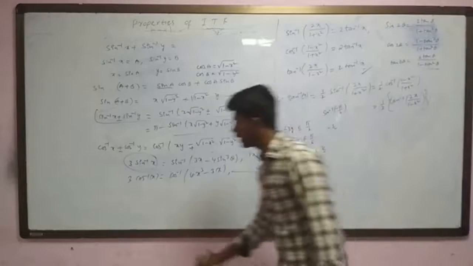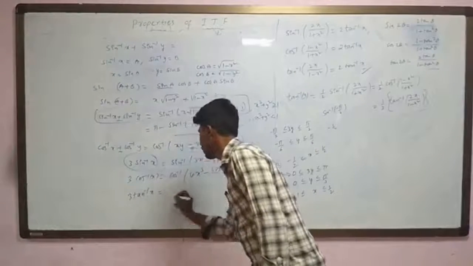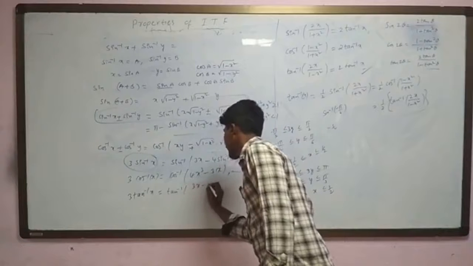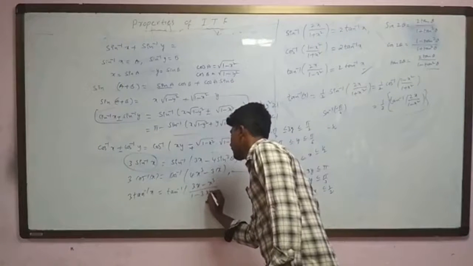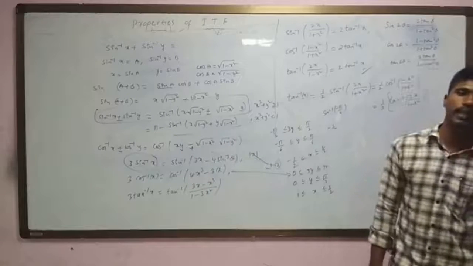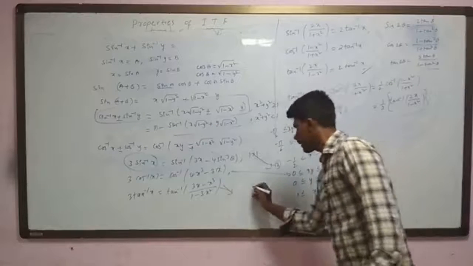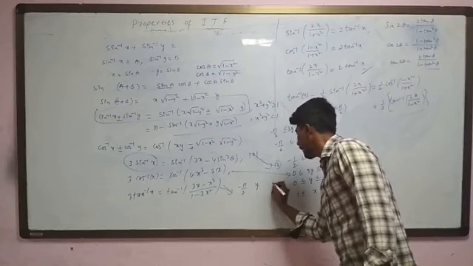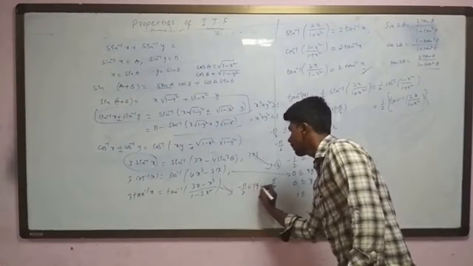So if I go to tan 3 tan inverse x, it is equal to tan inverse of 3 tan a minus tan cube a by 1 minus 3 tan square a. For this tan, again y lies in between minus pi by 2 and pi by 2, but it is not y, it is 3y.